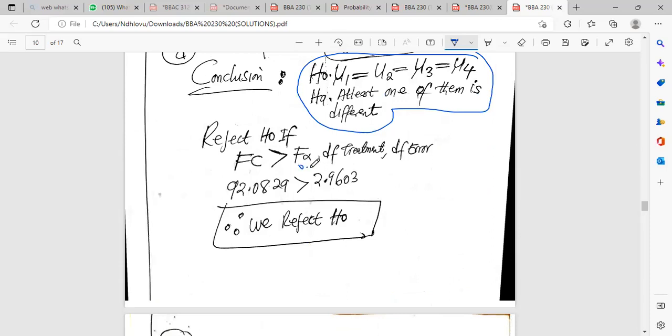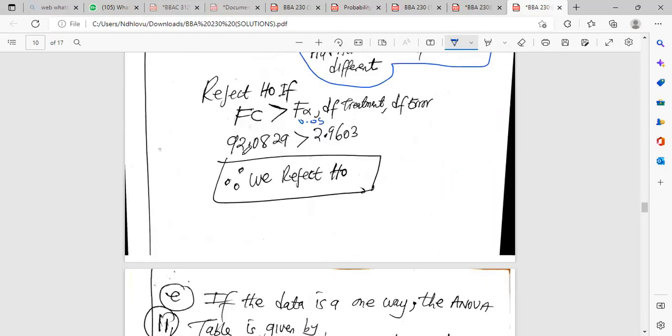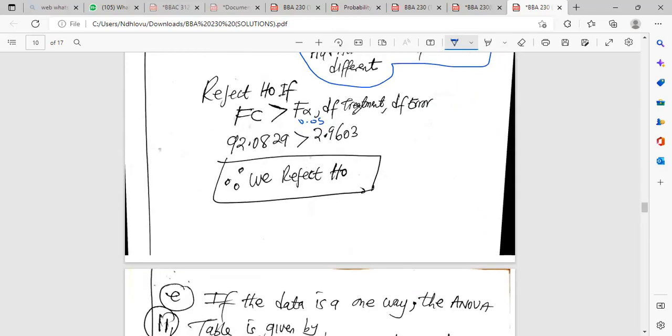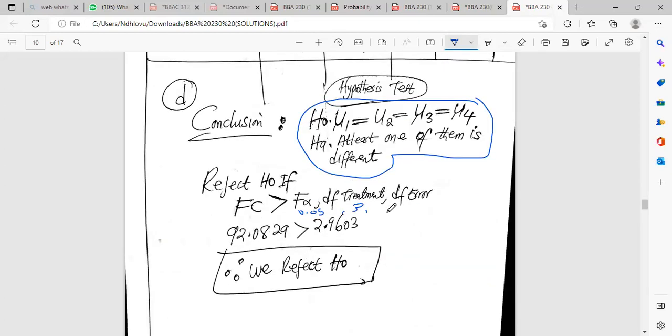The F calculated for treatment is 92.0829, which is this one in the table. If it is greater than 2.9603, this one is obtained from the table. Degree of freedom for this one is 3, and the other one, degree of freedom for error, is 27.